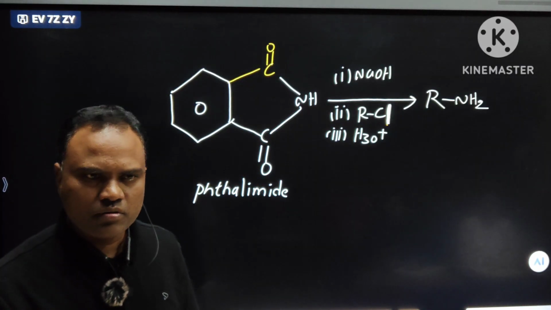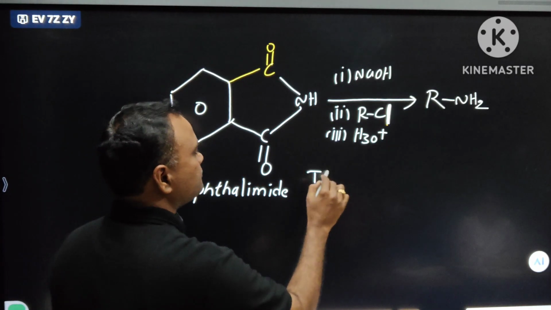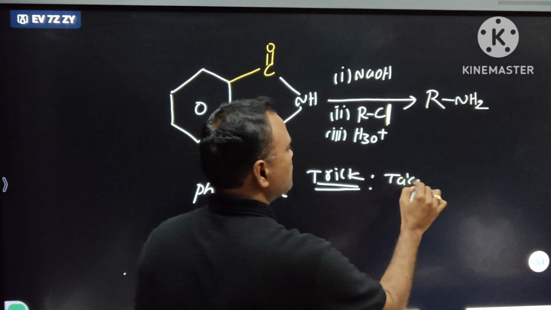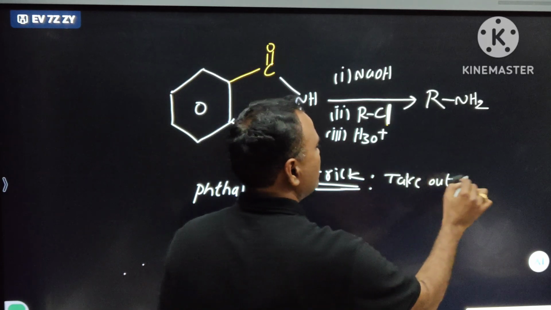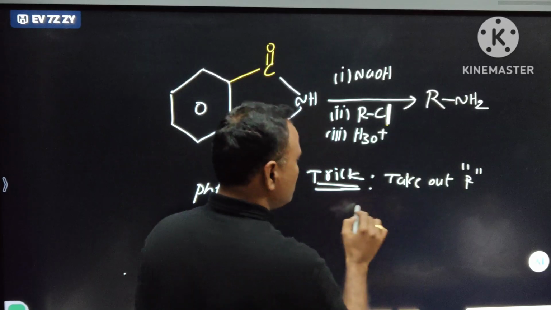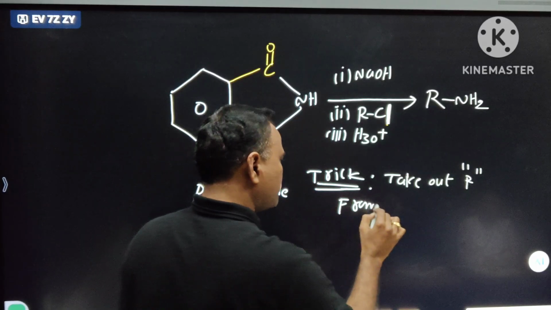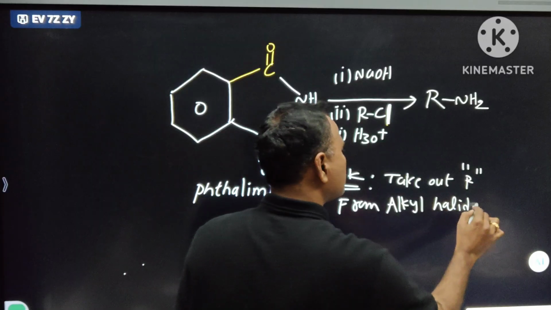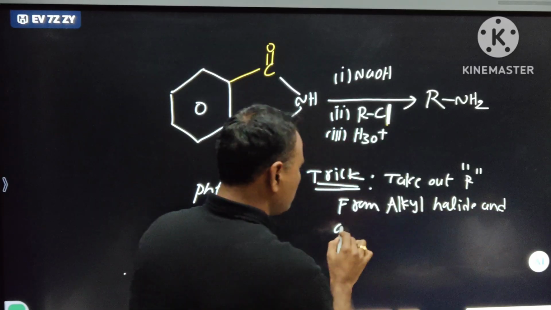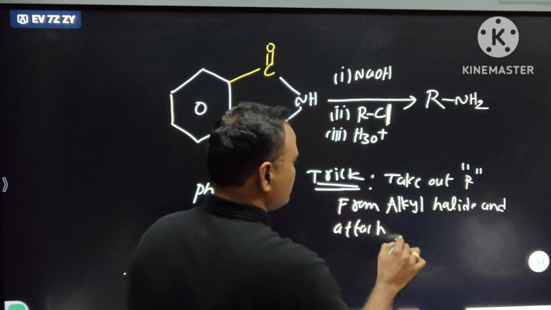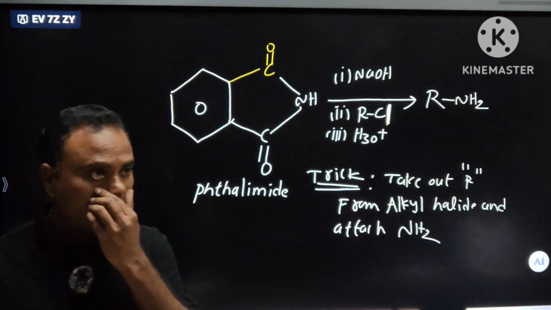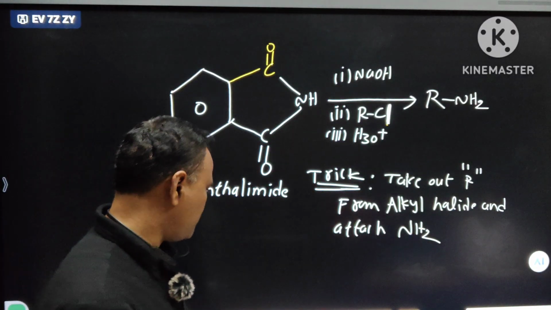Clear? What is the trick? Take out R from alkyl halide and attach NH2. Shortcut trick: you can say the product easily now.